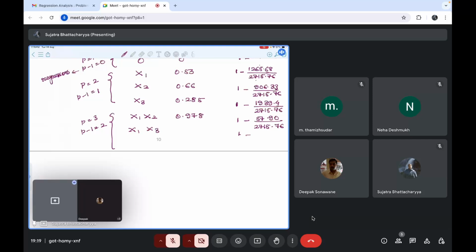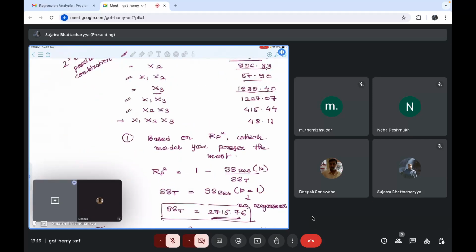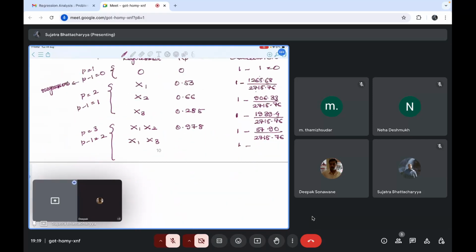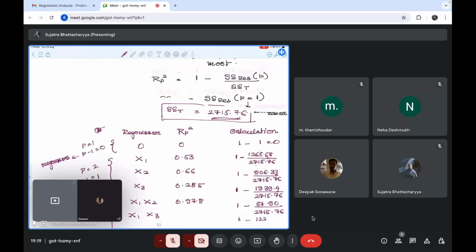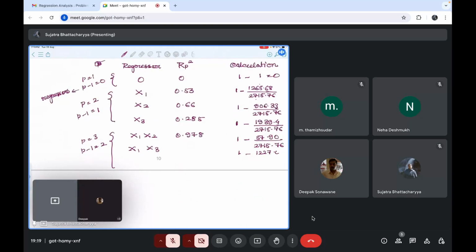For it, this is 1227.07 divided by 2715.76. Finally, calculated, it is 0.548.